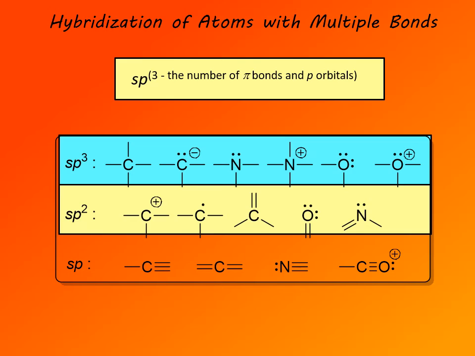Oxygen and nitrogen each have a molecular pi orbital, so they are sp2 hybridized. And finally, examples of sp hybridized atoms. Those are atoms that have 2 p or pi orbitals, in general 2 pi orbitals. Each of those examples of carbon and nitrogen atoms has 2 pi orbitals on that atom, and as a result they are sp hybridized.